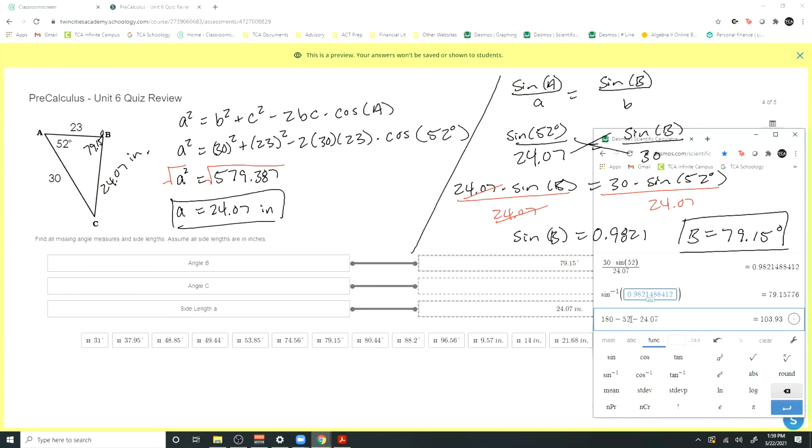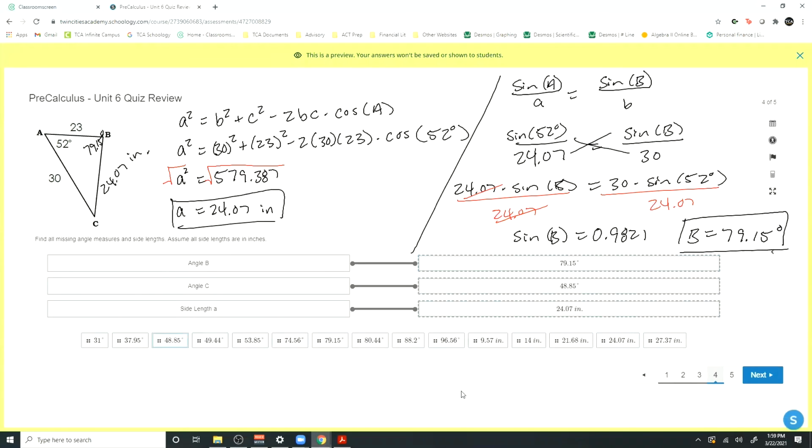Oh, no, minus 52 and 79, sorry, 79.15. 48.85. There we go. All right, any questions on number 4 here?